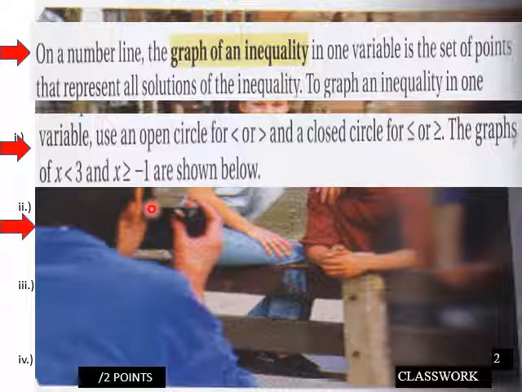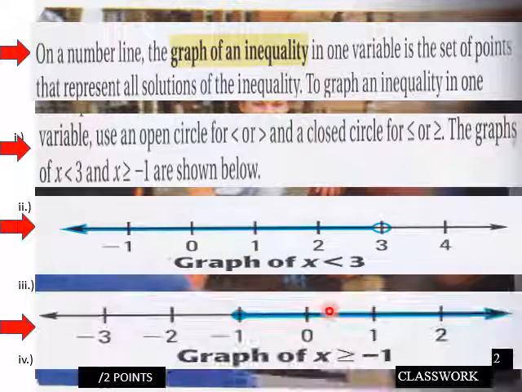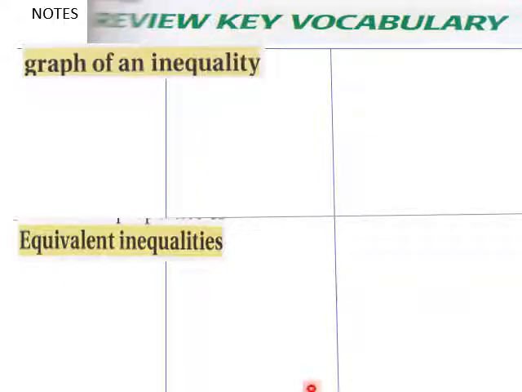The graphs of x less than 3 and x greater than or equal to -1 are shown below. Here's the graph of x less than 3, so we have an open circle for that sign. And then the graph of x greater than or equal to -1, we have a closed circle for what's called a perfect inequality. These are the values that satisfy this relation.